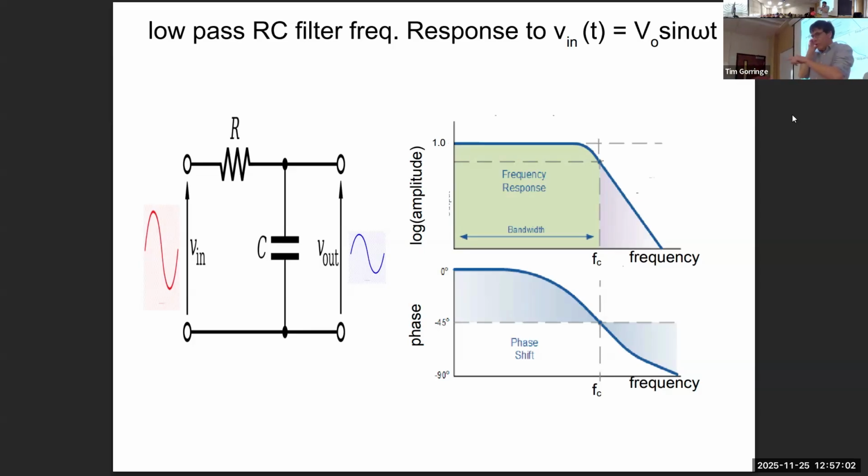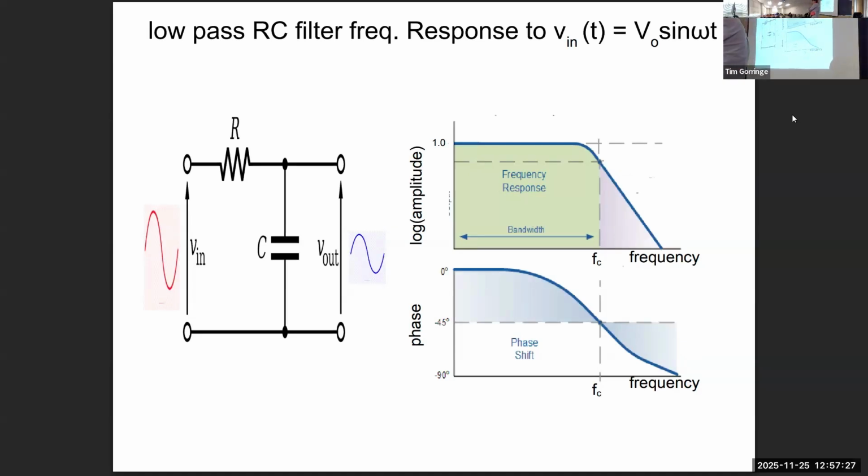If that input signal is a high frequency, so it's rapidly changing, then that signal, when applied to the low-pass filter, will not pass through the filter. And we'll see no output on the output side of the filter. And so those are the two extreme cases.